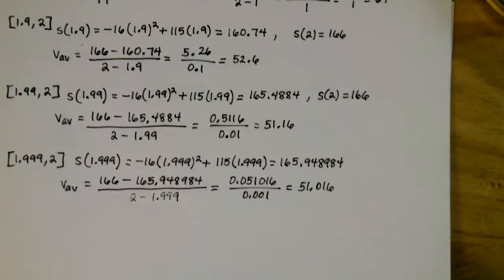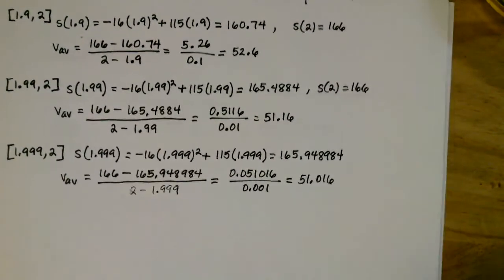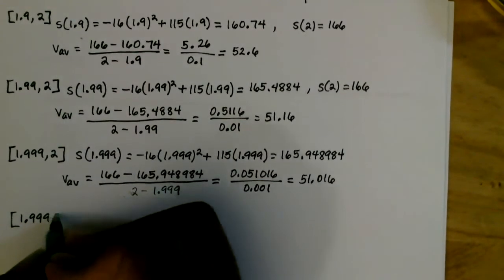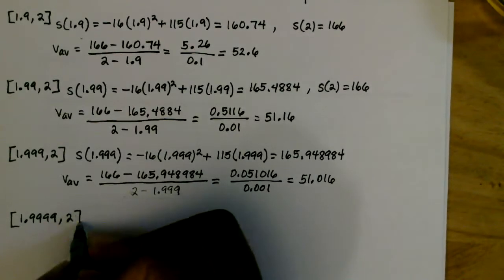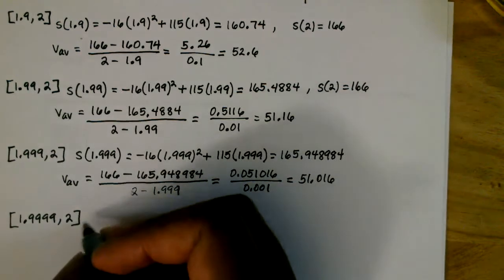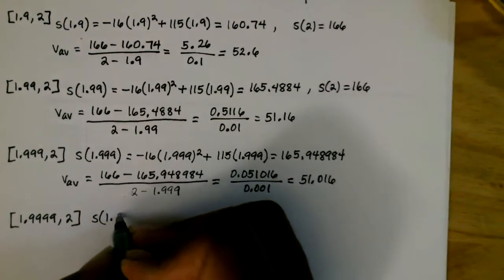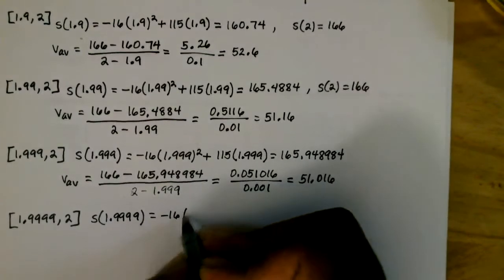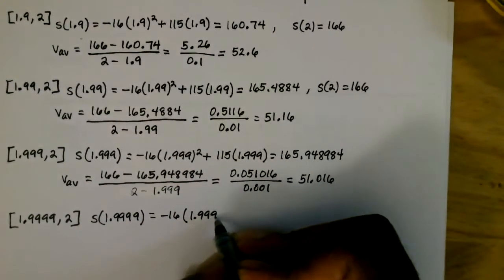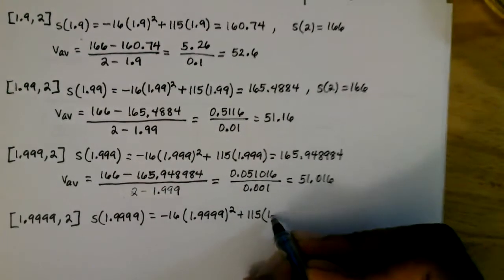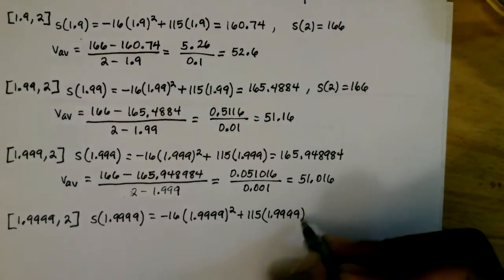So you're pretty much going to get an idea where this is going to be approaching as we get closer and closer to 2. All right, that last number in the table, the last interval, that's 1.9999 to 2. So we just do S of 1.9999 is equal to negative 16 times 1.9999 squared plus 115 times 1.9999.